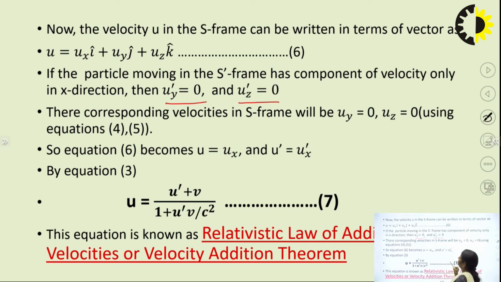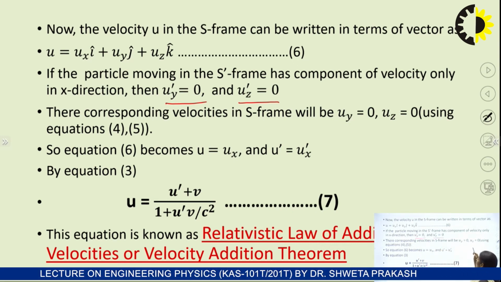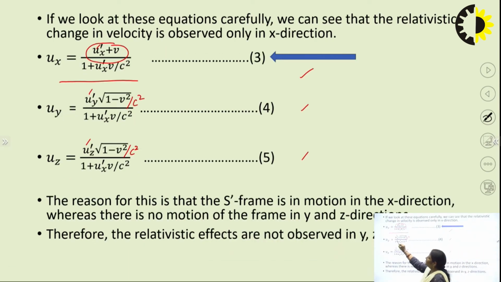All right. So then what happens if we put these values? If we put uy dash equal to 0 here, and uz dash equal to 0 here, that is the case we are discussing. Suppose we put uz dash equal to 0, so what happens to uz? It goes to 0. So uy dash we substitute, so what happens to uy? It also goes to 0.